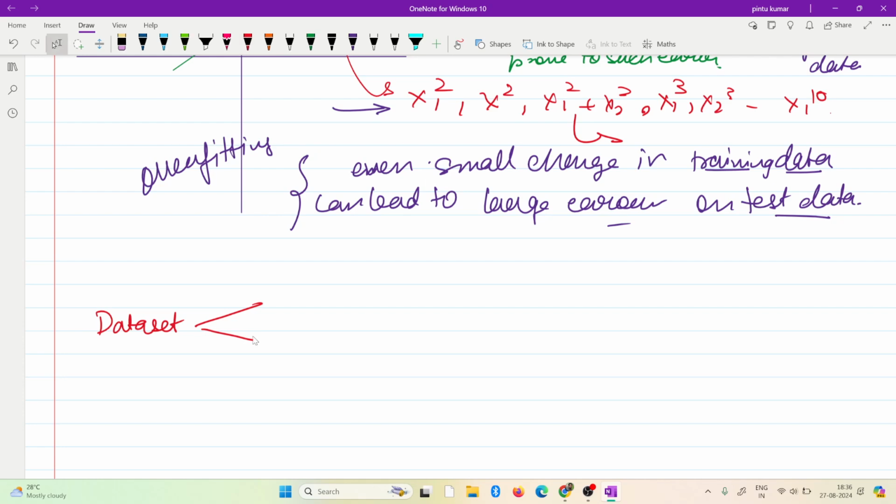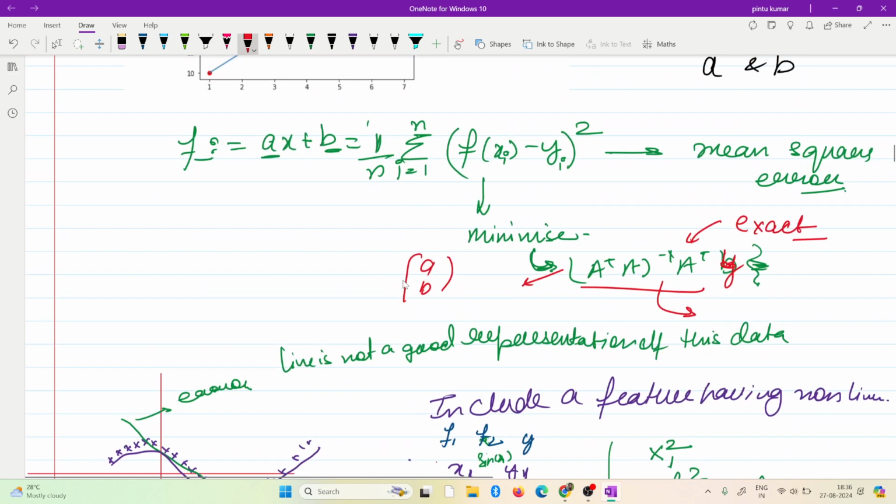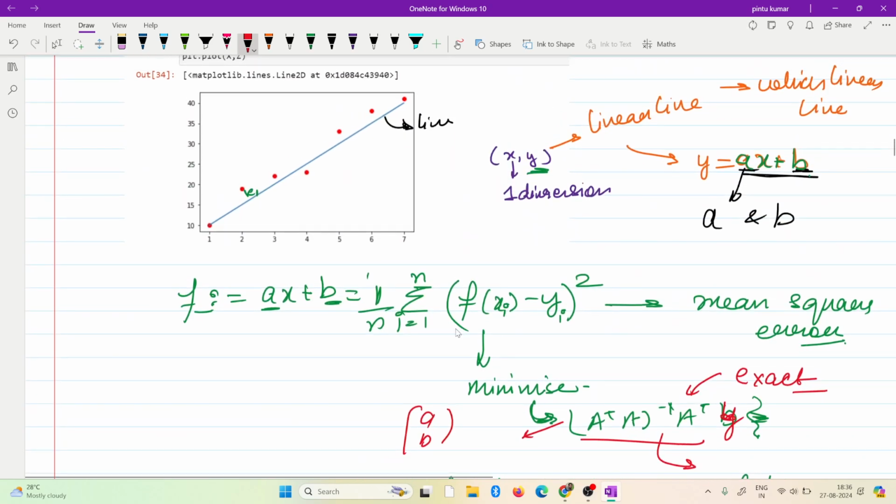Okay, whatever data set that you have, you divide it into three sets. First is called training set. When I talked about this loss function, this error, mean square error, this error you calculate only on your training data set.